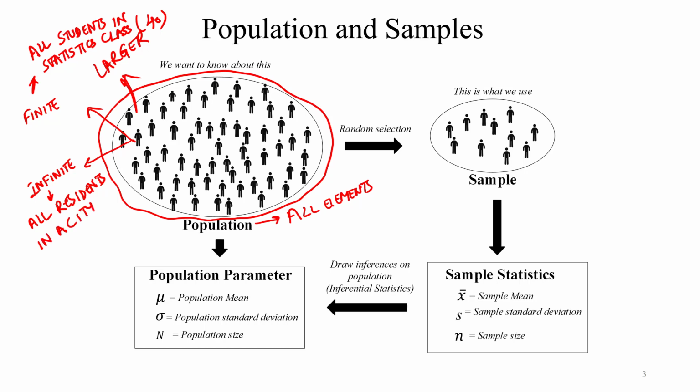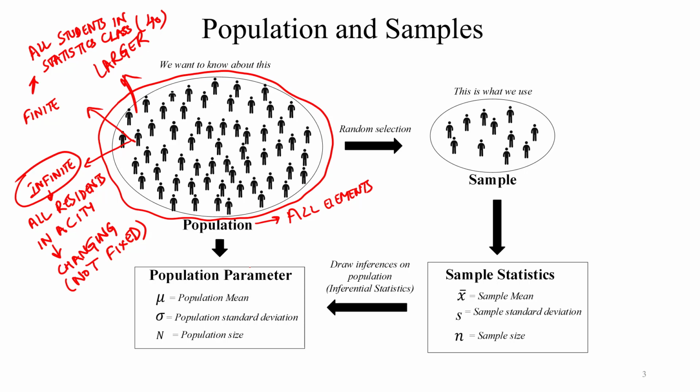The number of residents keeps on changing as people move in and move out. So it's not fixed. That's why we call it an infinite population.